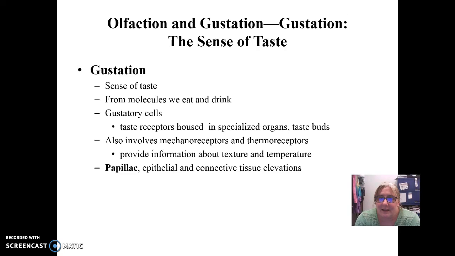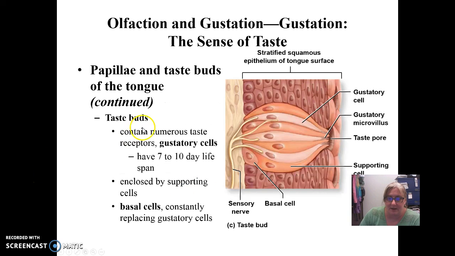Papillae are the tiny little bumps that are on our tongue. We have papillae that function for a lot of different things. So not just taste, but texture, temperature, and even for helping to manipulate food.